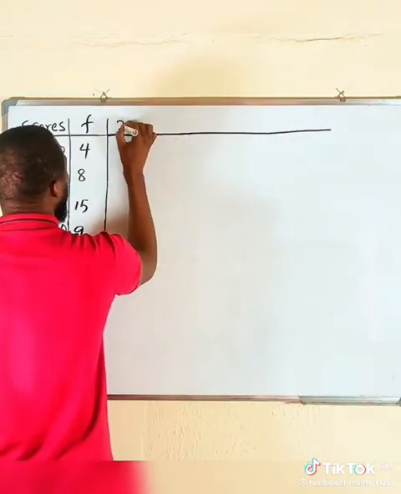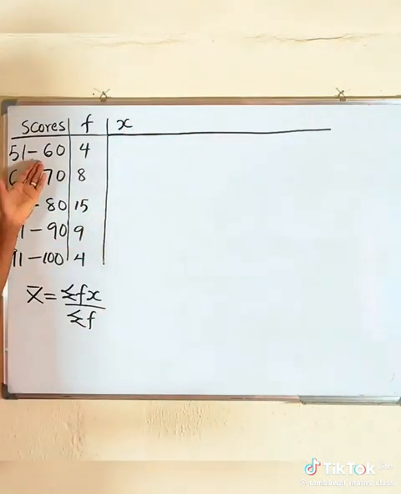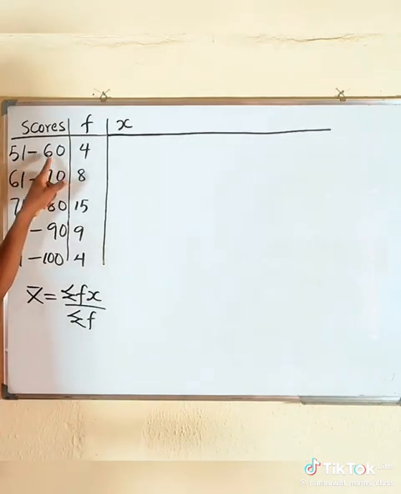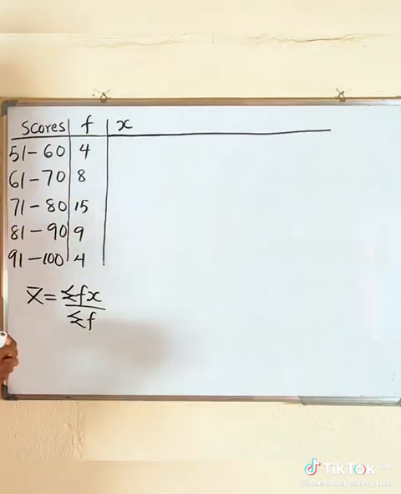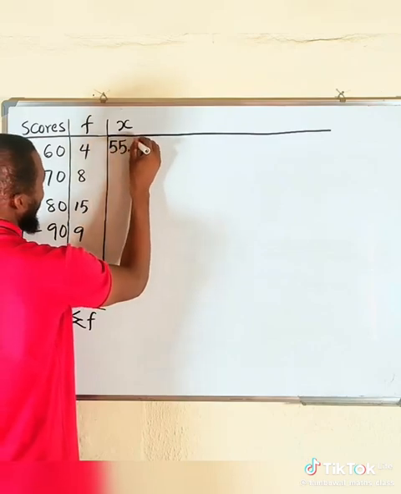So x, what is x? X is the midpoint of your class limits. So if you want to get the midpoint between 51 and 60, just add the lower and upper class limits together and divide by 2. If you add 51 and 60, you divide by 2, you're going to get 55.5.